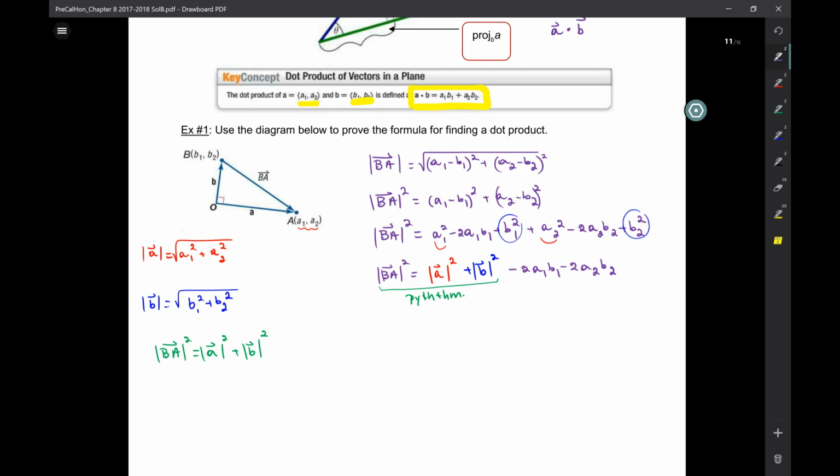Well, what is all that then? All of this extra stuff is negative 2 A1 B1 plus A2 B2, right? This is the dot product.